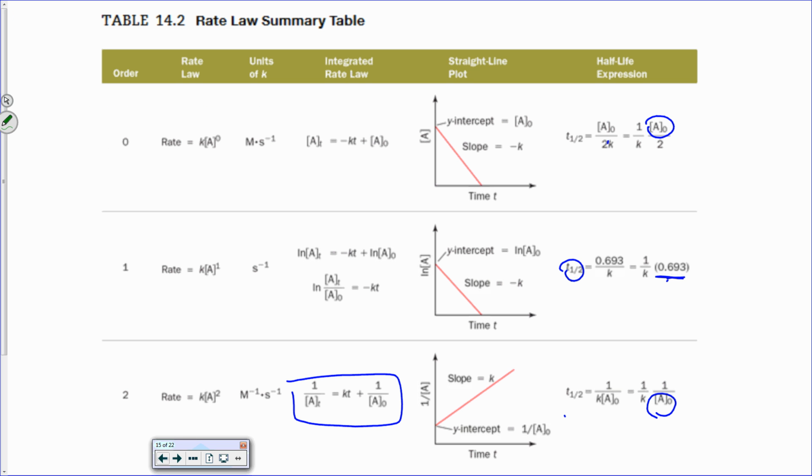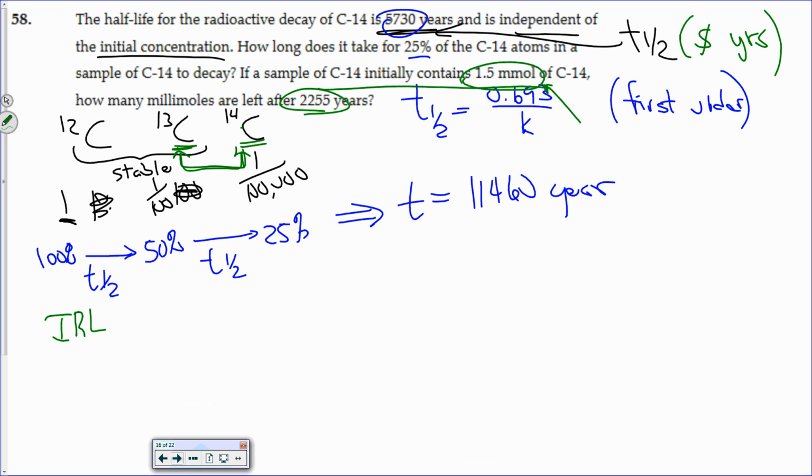All right, to answer with the integrated rate law, I'm going to go back to our formula. So we said that this one is a first order. To be able to solve this equation, I've got to know what K is. So how can I solve for K in the system?